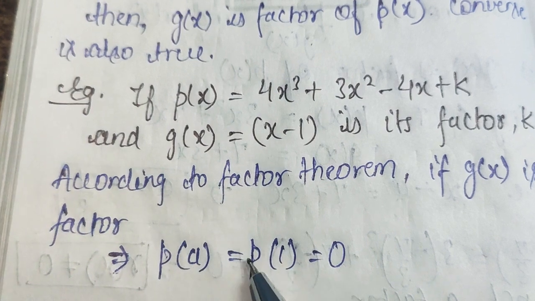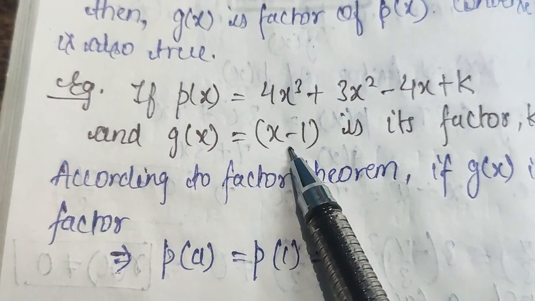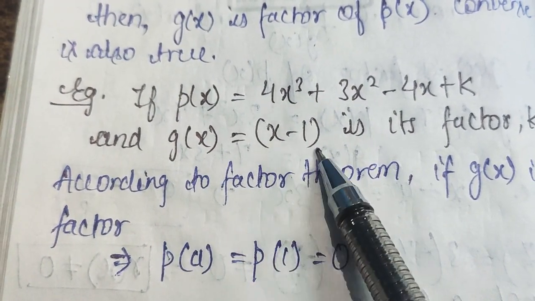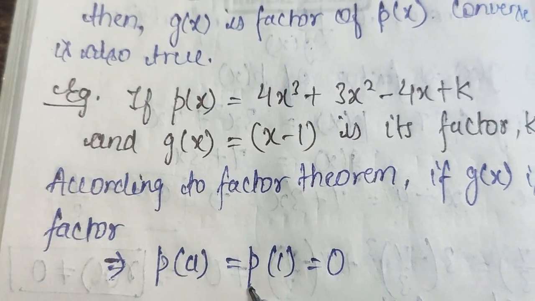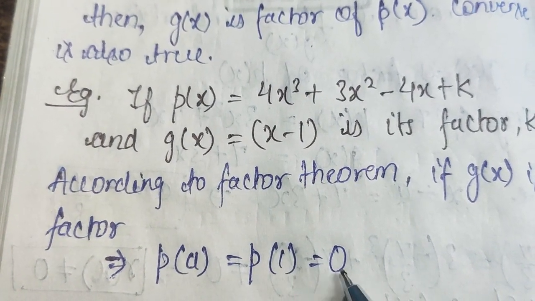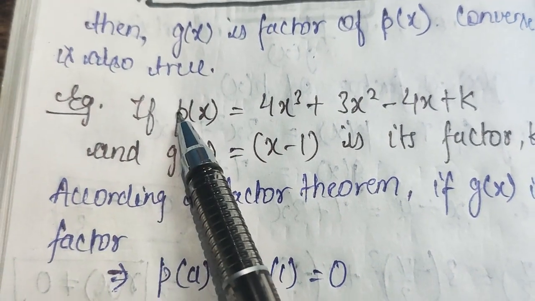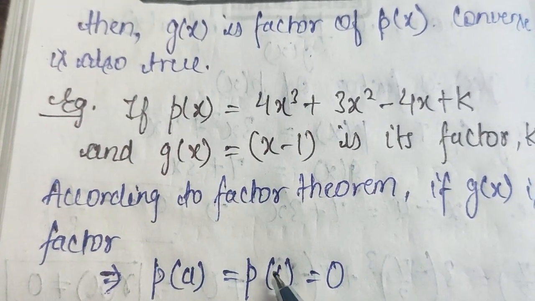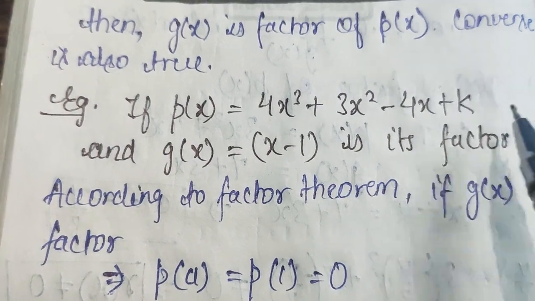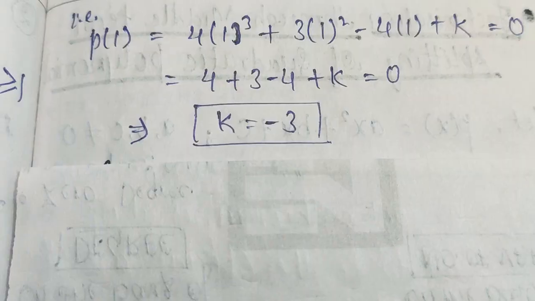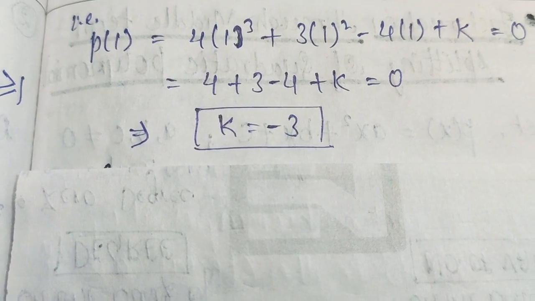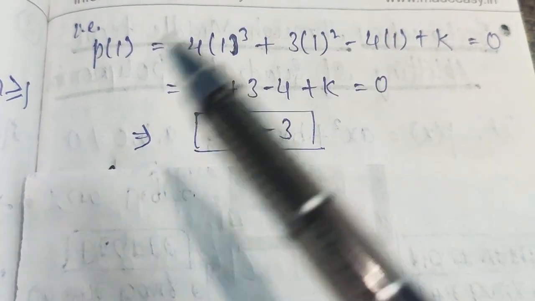So comparing with x minus a, you will get a equals 1. So p(a) is equal to p(1) here, that is equal to 0, because g(x) is the factor of p(x). So we will put p(1) equal to 0. Let us see the value of the polynomial at the point x equals 1.